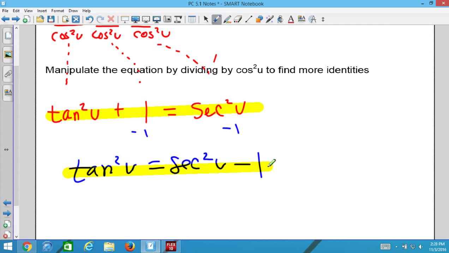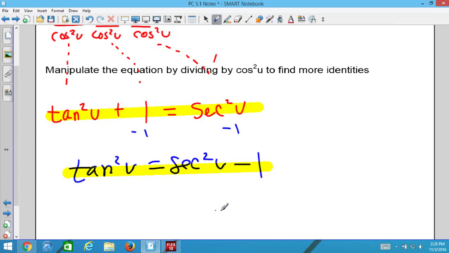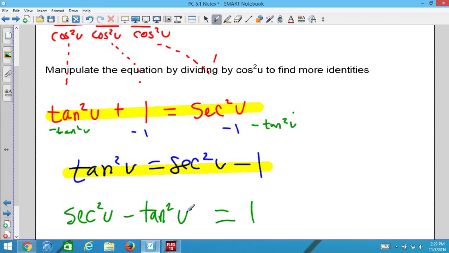How else can I rearrange these so I can get number 9? I'm going to make it say equals 1. And to do that up here, if I subtracted the tangent, then I would have secant squared u minus tangent squared u equals 1. Number 9.